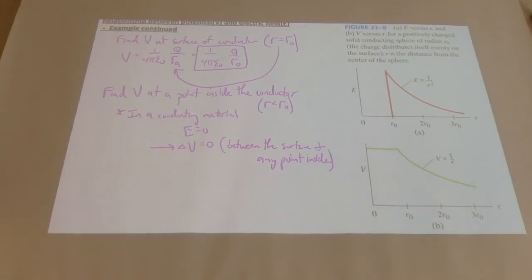If the change in potential or the difference in potential between the surface and any point inside is 0, well, that just means that this answer applies everywhere inside. V is equal to 1 over 4 pi epsilon naught Q over R0, where R is less than R0.